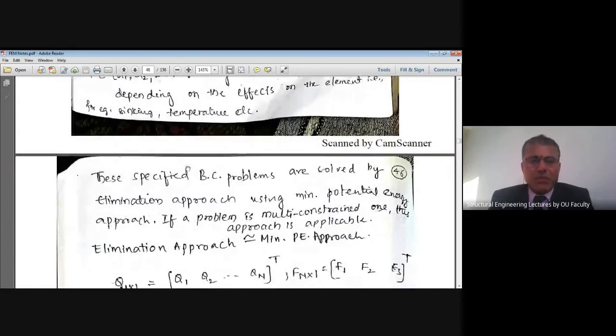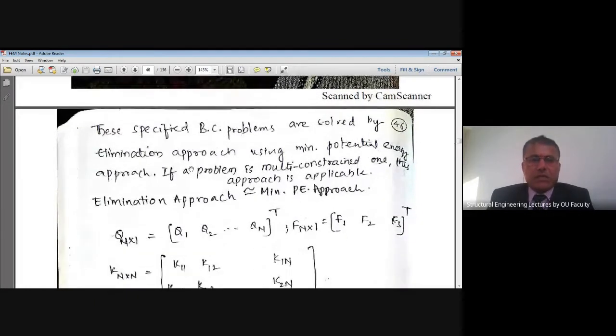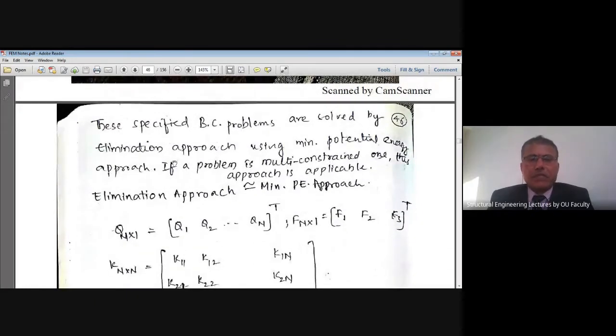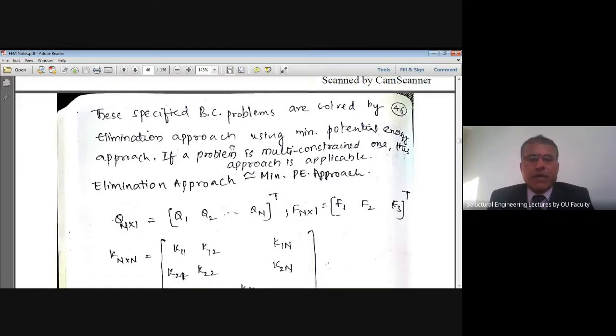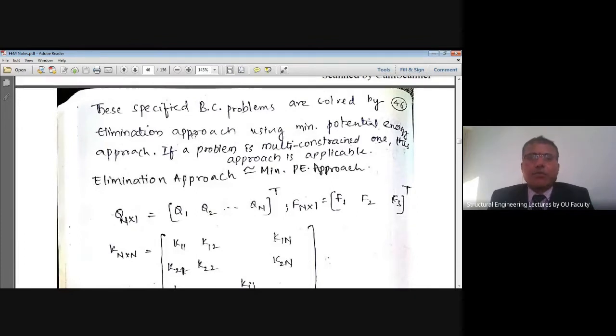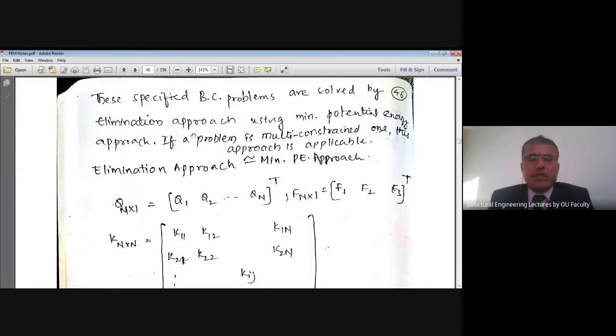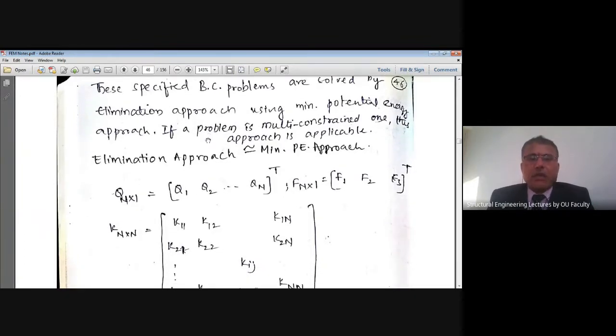Once these specified boundary conditions are solved, generally by the elimination approach using the minimum potential energy concept, how do we get the solutions using this elimination approach?